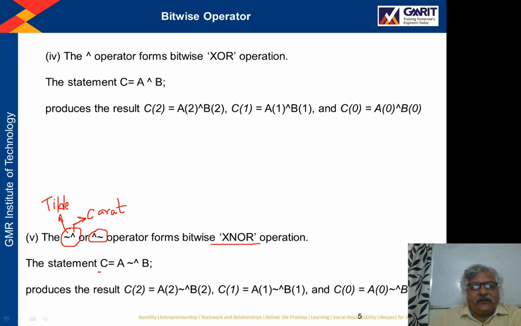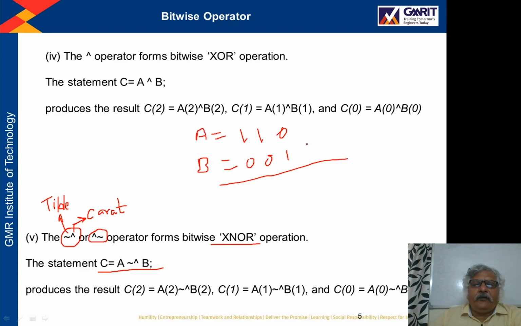So here you see the statement C is equal to A tilde caret B, or caret tilde, right? Now let us assume we have A equal to 110 and B equal to 001.